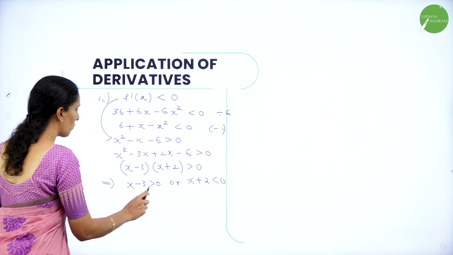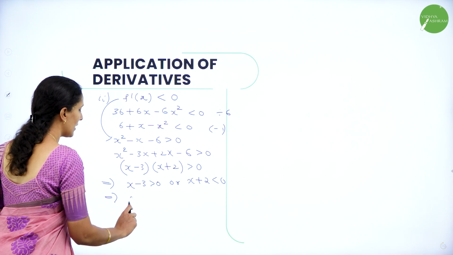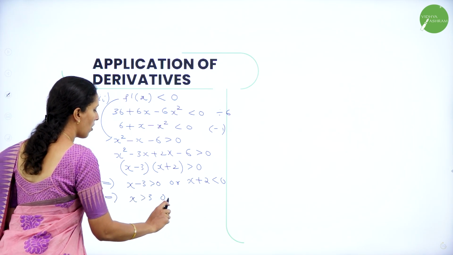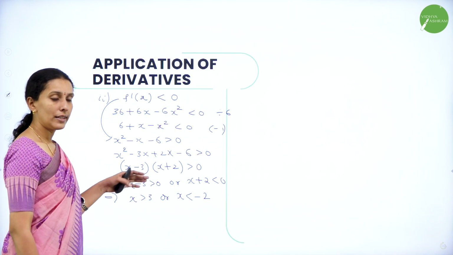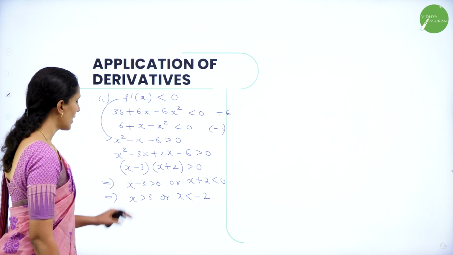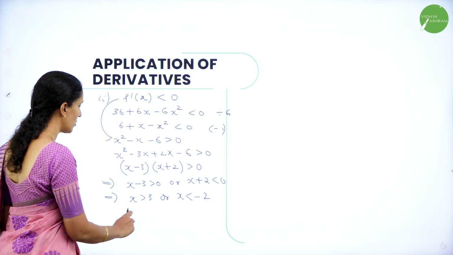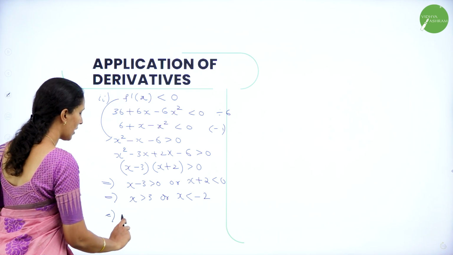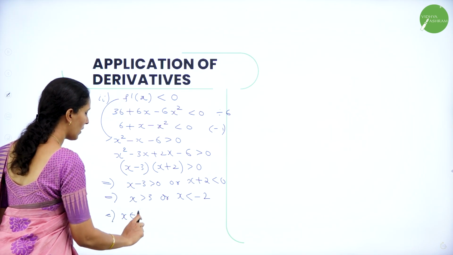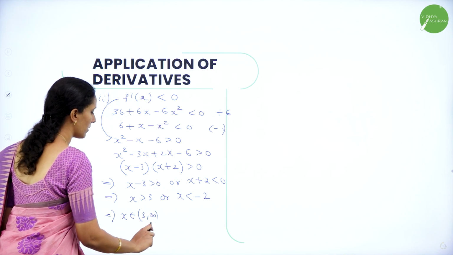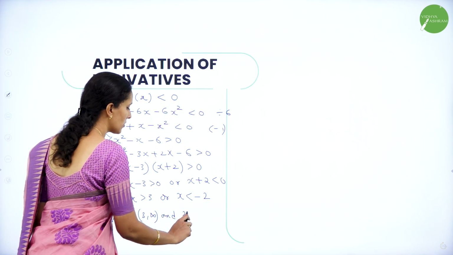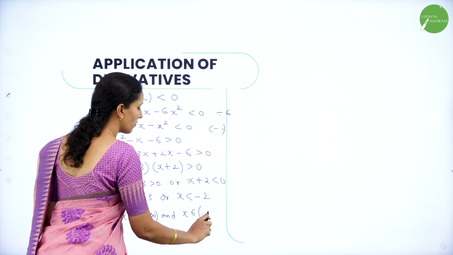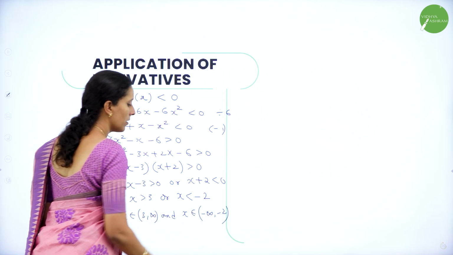So therefore x is greater than 3 or x is less than minus 2. So x greater than 3 means x belongs to the interval 3 comma infinity, and x less than minus 2 means x belongs to the interval minus infinity comma minus 2.